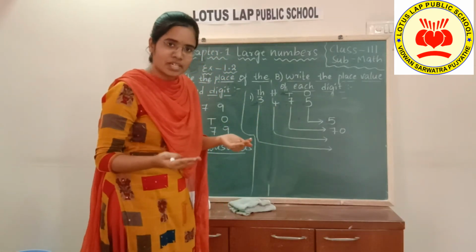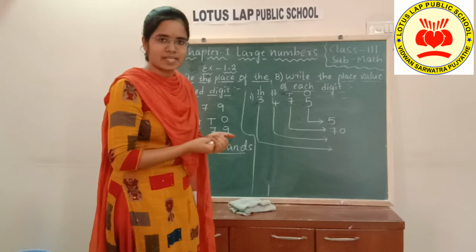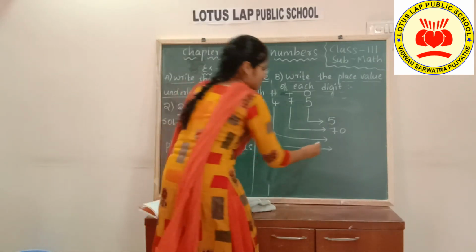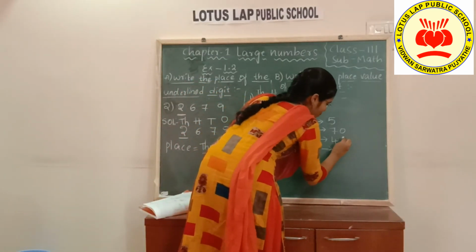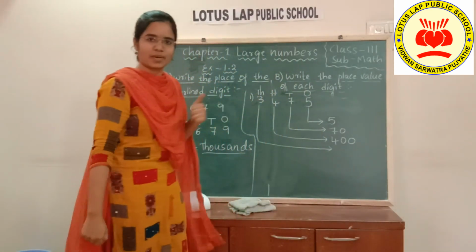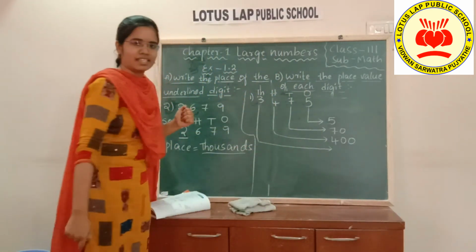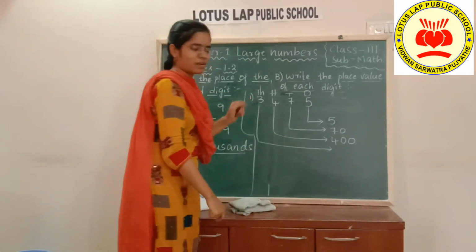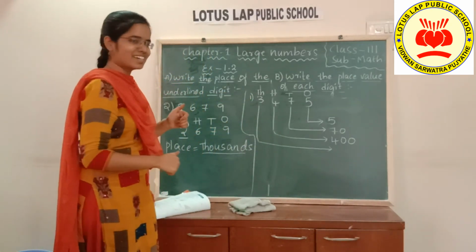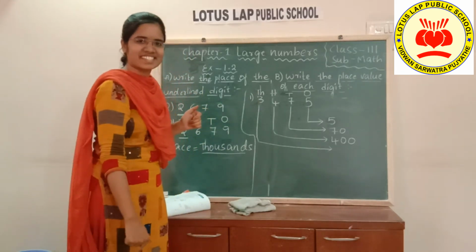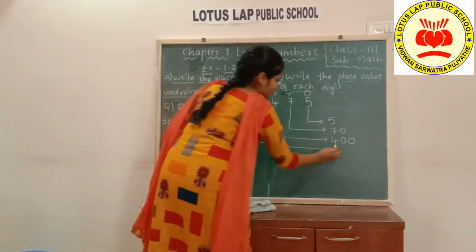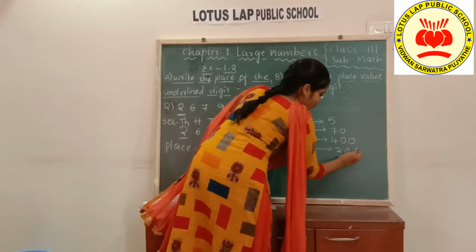What is the value of the digit 4 in hundreds place? 4 hundreds. Very good. Next, the last digit, that is 3. 3 is under thousands place. So 3 thousands is 3000.